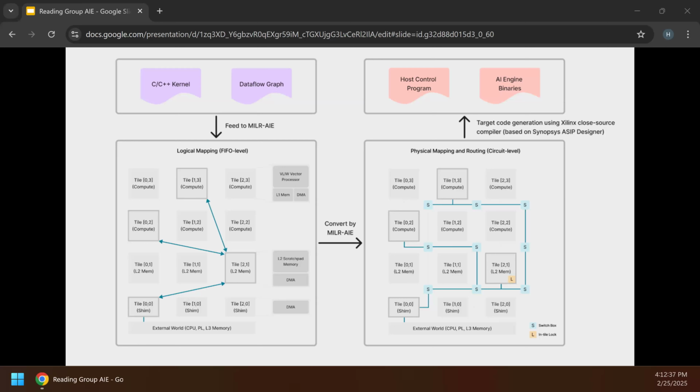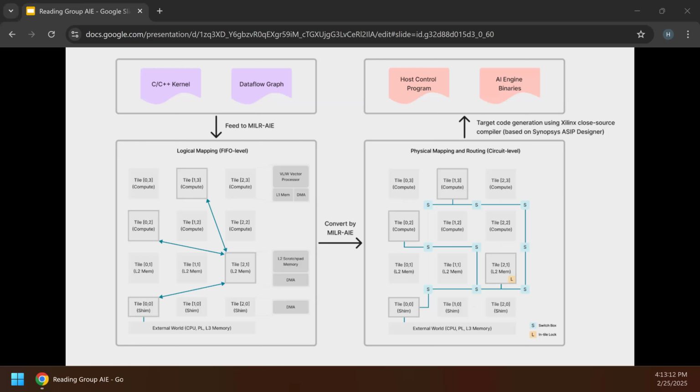With the MLIR AIE compiler, this logical mapping can be further lowered to physical mappings, which basically do the routing to decide which switch box or which channel we should use to realize those logical connections. So this is just an overview of the MLIR AIE flow, and we will dive into the details in the following slides.